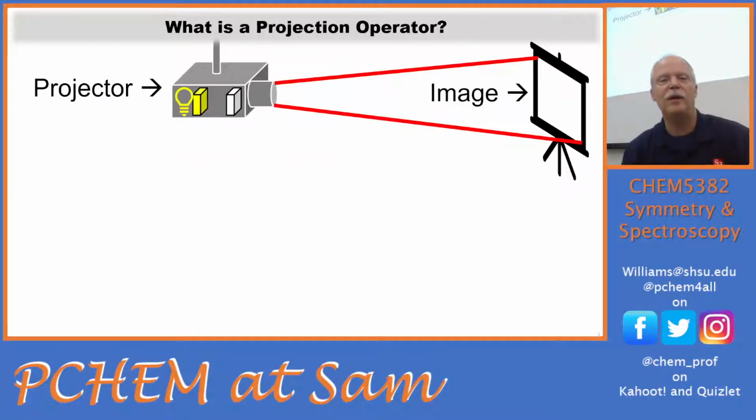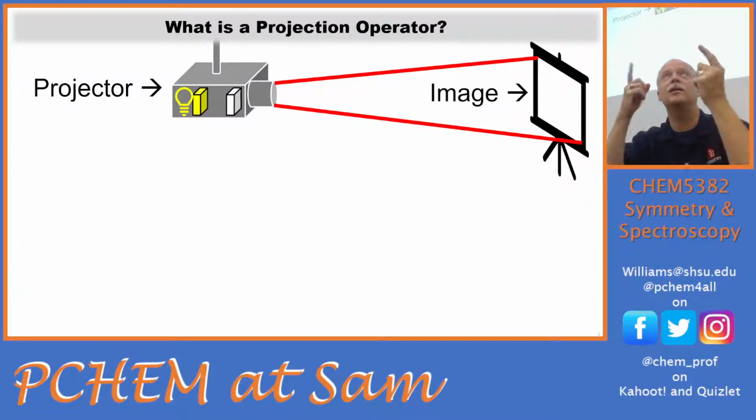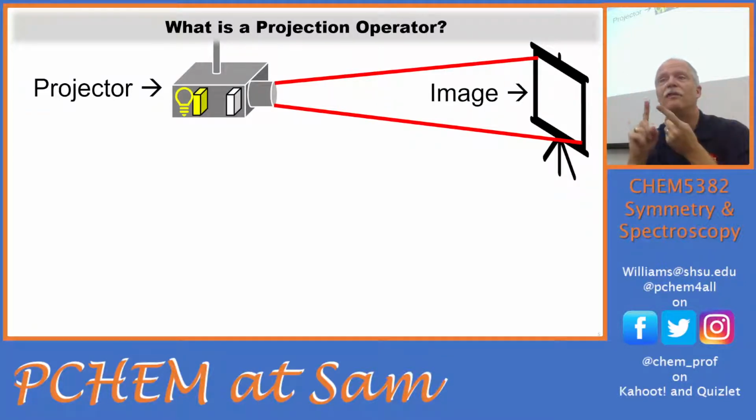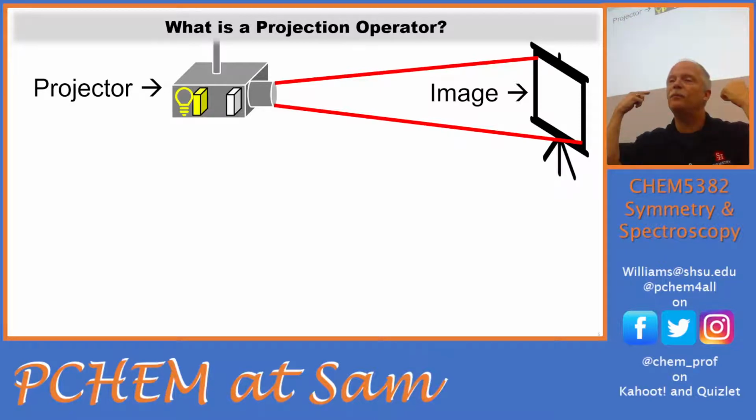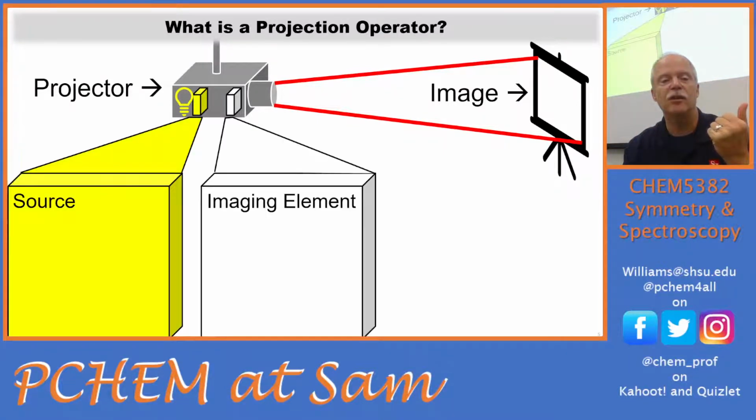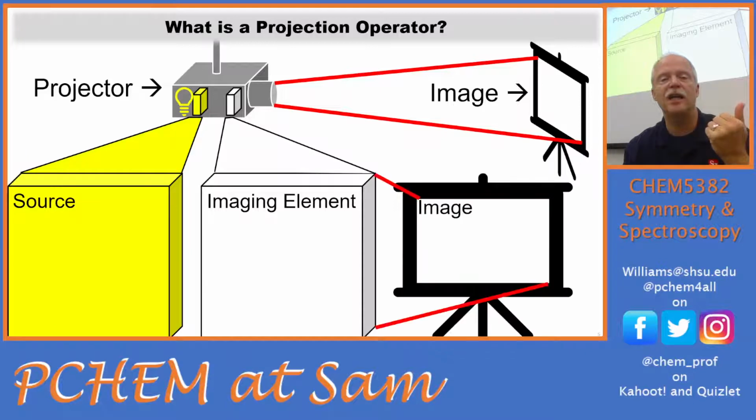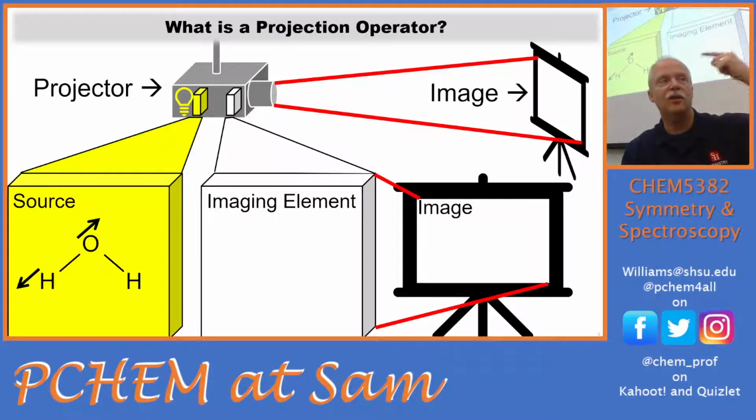So this is what I mean by projection operator. Think about the projector in the room. We have a light source and we have an imaging element, and then we have the screen which has the image on it. So this image is coming from the imaging element coupled with the light source. And so what are we going to do for our situation? Our source, the imaging element and the image, using this projection operator, are a particular understanding of something related to the molecule.